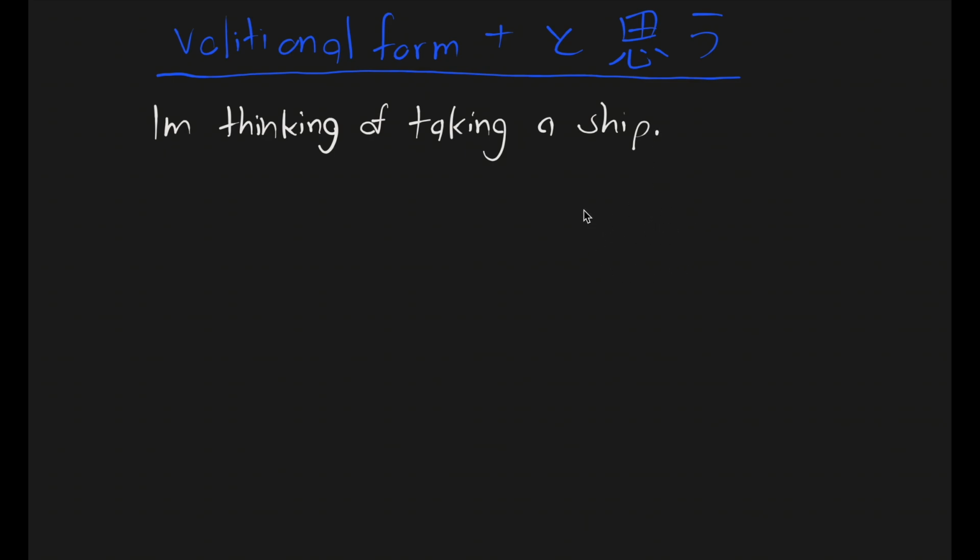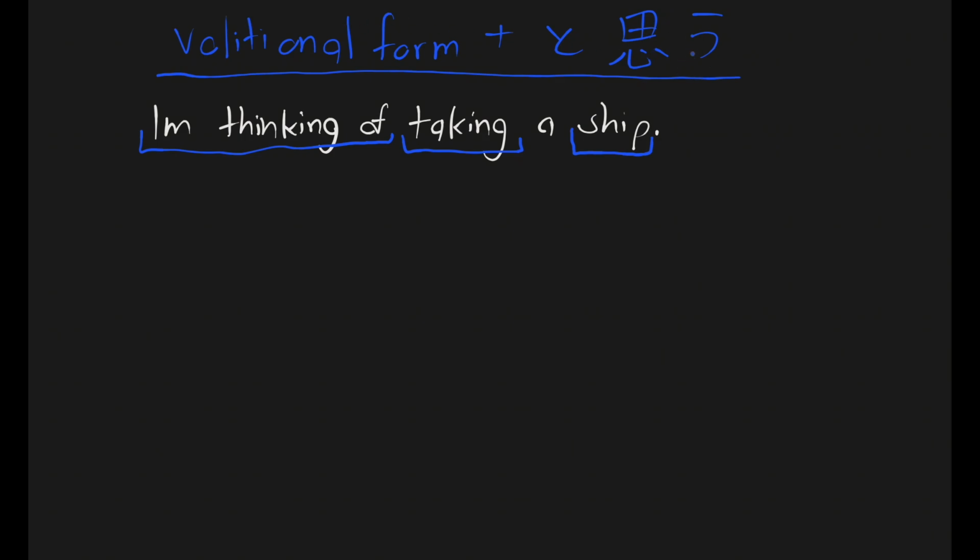So let's go over the vocab first of what's in the sentence for us to translate it. Well, first we can look at the word ship. That's the word that we need. We need the word for, or the verb actually, for taking. And we know that the statement of I'm thinking of is the to omo.